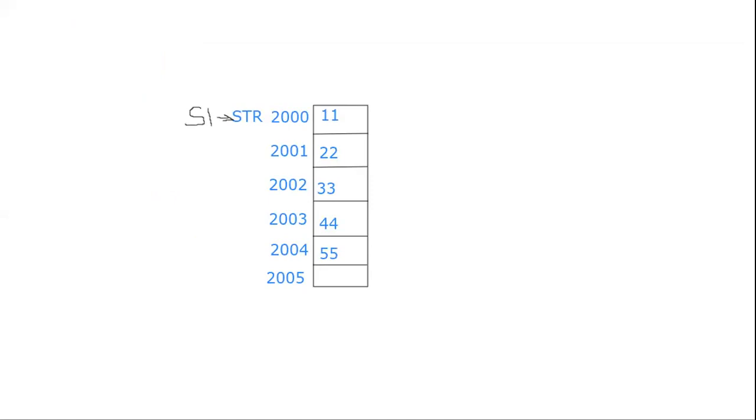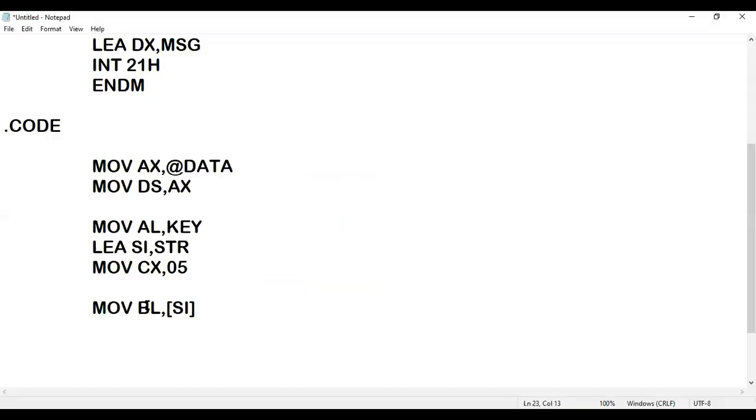So going back here, that 11 will be moved to BL. Now I need to compare that key element AL with BL. Compare usually does a subtraction. If AL and BL are the same, the result will be 0. That means the element is in the first location itself.